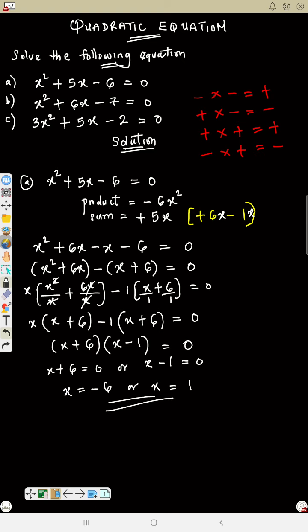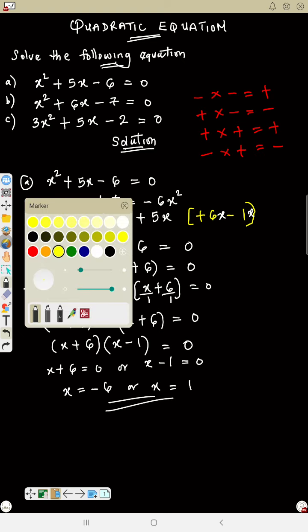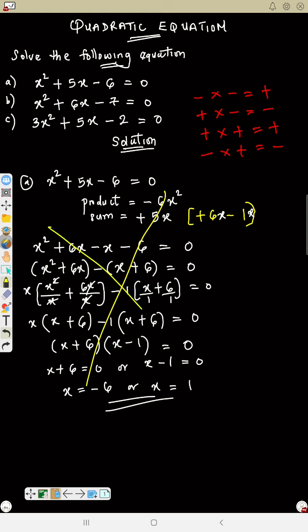Now remember, I said instead of passing through all these stages, you may not pass through these stages if it is an objective exam. So starting from our data given, we have s squared plus 5s minus 6 equals 0. What are the two numbers we use?